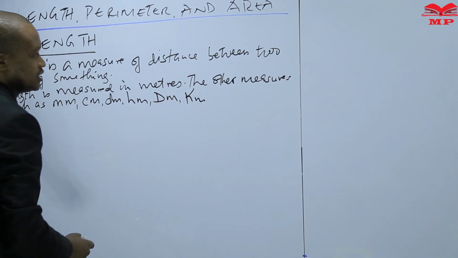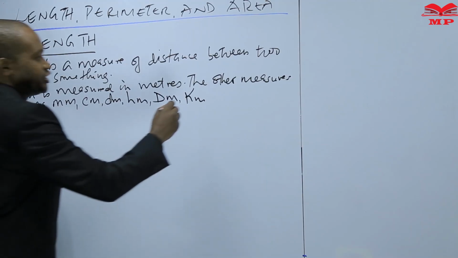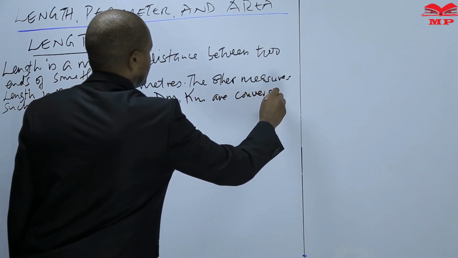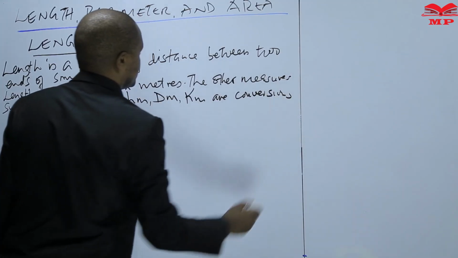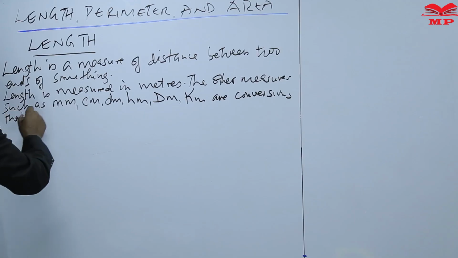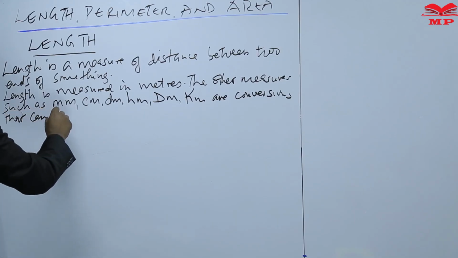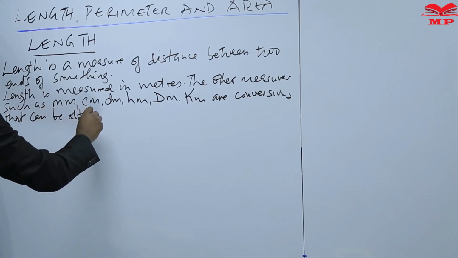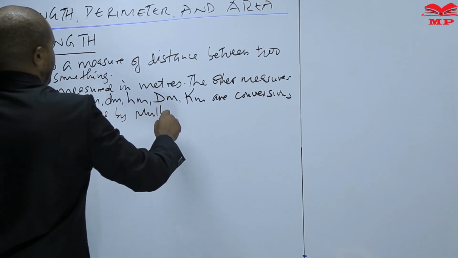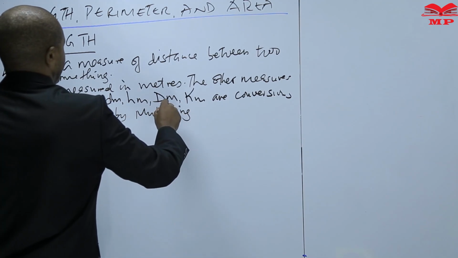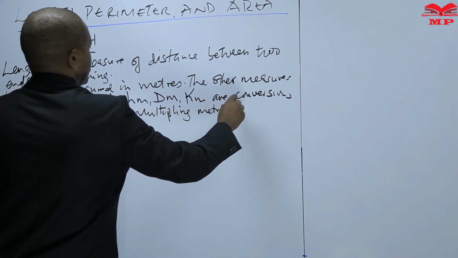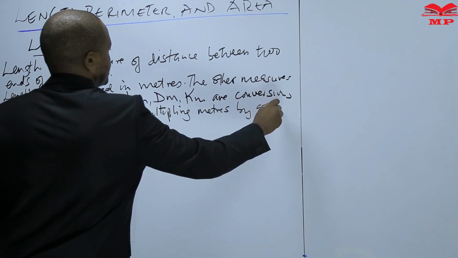These other measures are simply conversions that can be obtained by multiplying meters by a factor.